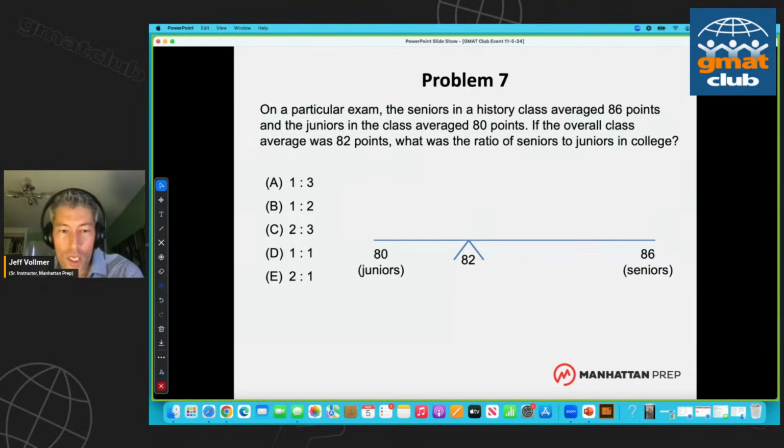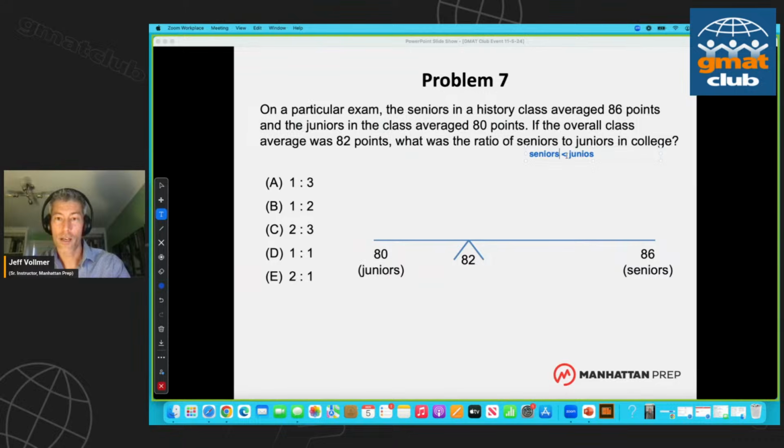So what we can see here is the overall average 82 is closer to the juniors' 80s than it is to the seniors' 86s. And because the overall average leans towards the juniors' value, there have to be more juniors. They have more influence on the overall average. So there are more juniors than seniors, or I could say the seniors are less than the juniors in terms of number.